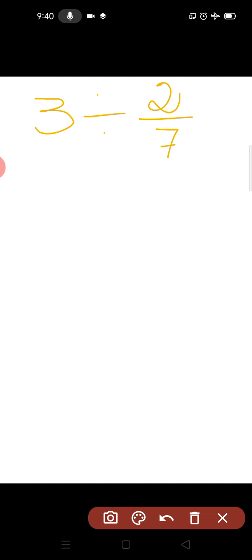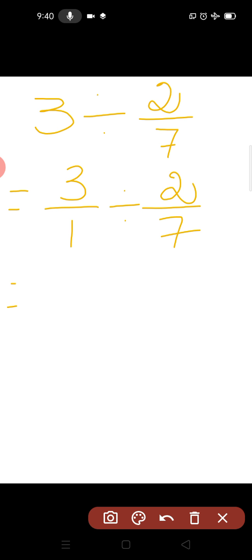First of all, convert the whole number into a fraction by writing 1 as its denominator. So, in the first step, 3 becomes 3 by 1 and the remaining quotient we write as it is, the division symbol and 2 by 7. After the division symbol, 2 by 7.